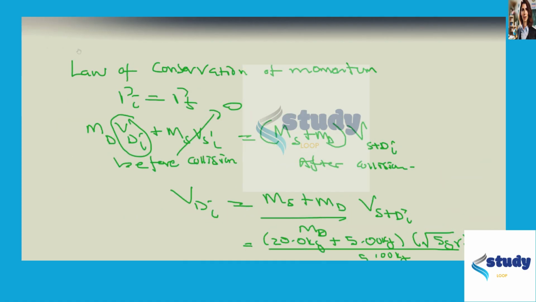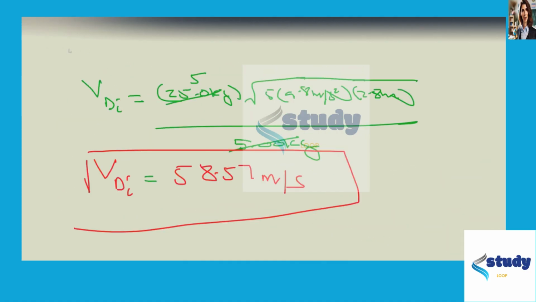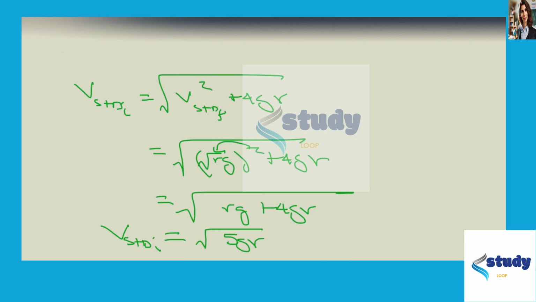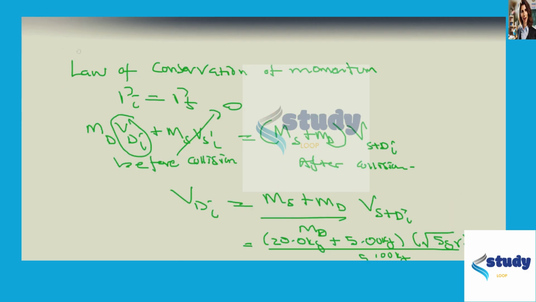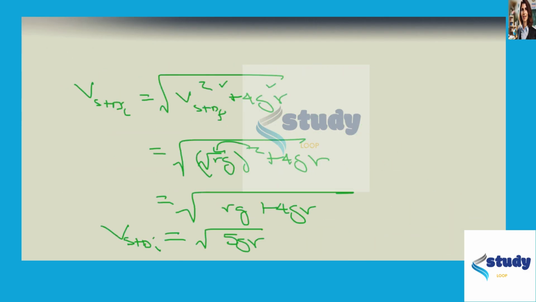Just don't forget the square, the final squared, and then 4GR. If we square the final value that we got right here, we're going to get rid of the radical, and that just means that we have RG only, combined with 4RG.